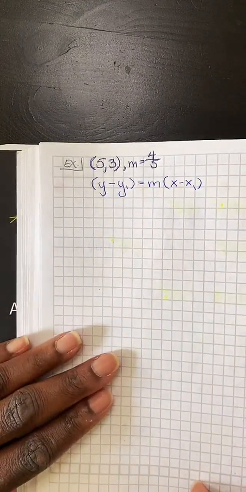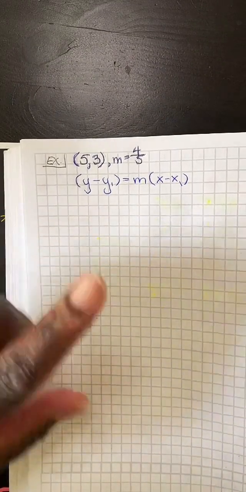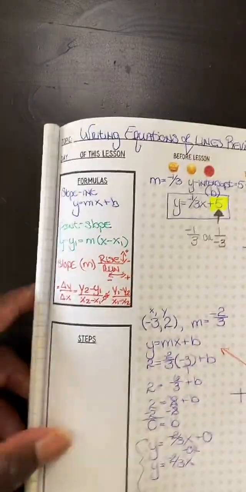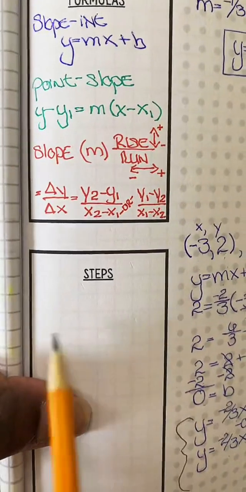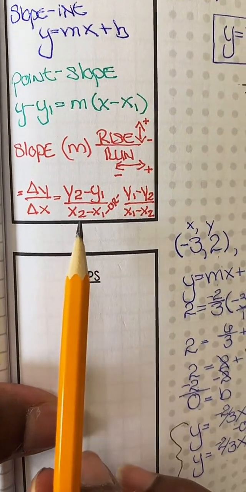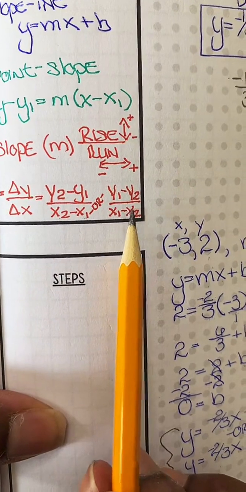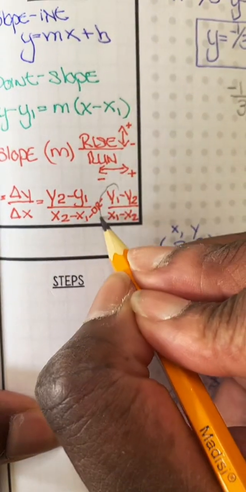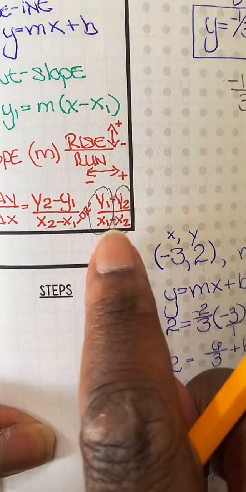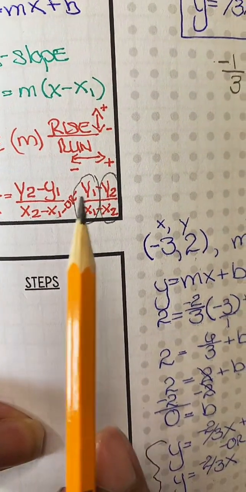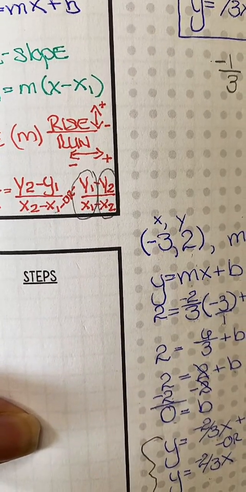If I look at the equation of slope, we have y2 minus y1 over x2 minus x1. Or you can do it the other way. As long as your 1s and your 2s line up, it really doesn't matter. But this side makes sense because we generally read from left to right.